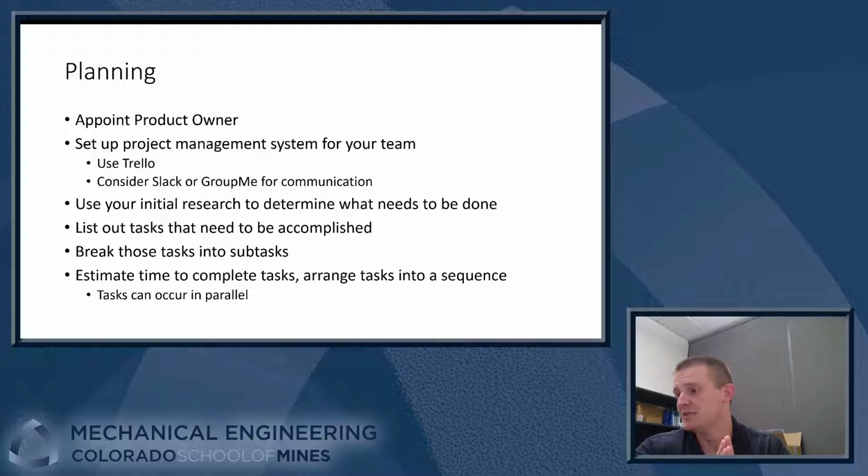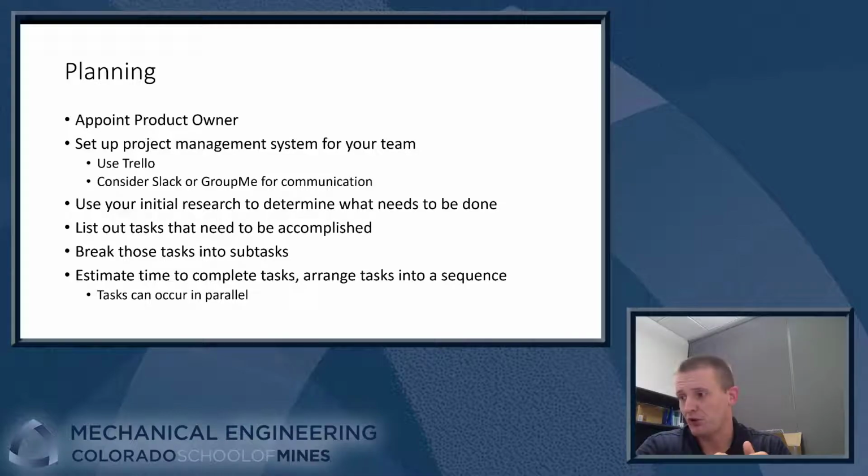All right, so to do your planning, what we suggest you do in your next class is to appoint your product owner. So remember, find your most organized teammate who can contribute to the design project and help kind of manage the project, and make them be in charge, right? So give them the authority to manage this project. Next up, we want you to set up your project management system for your team.